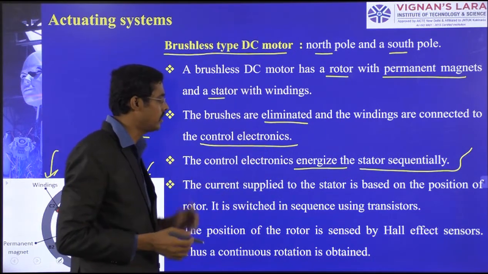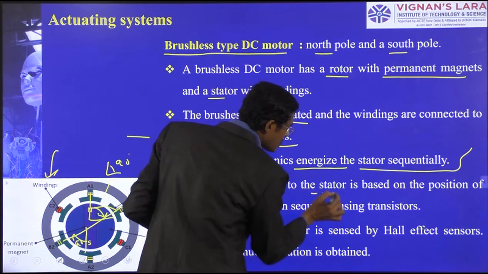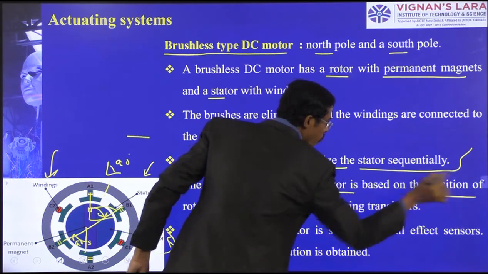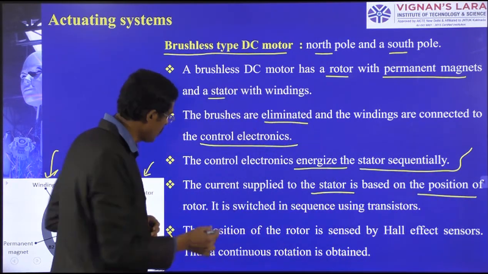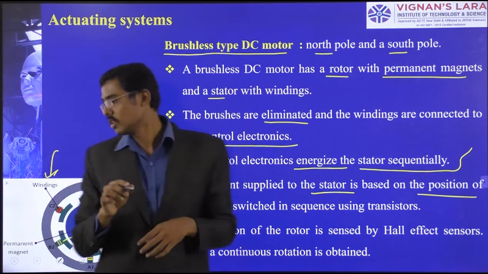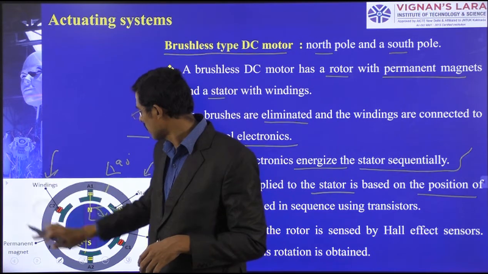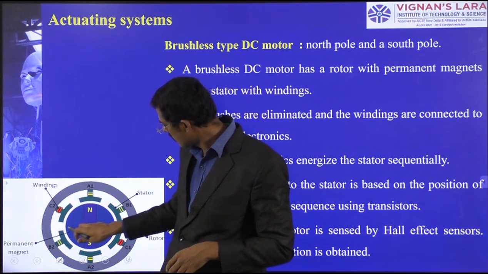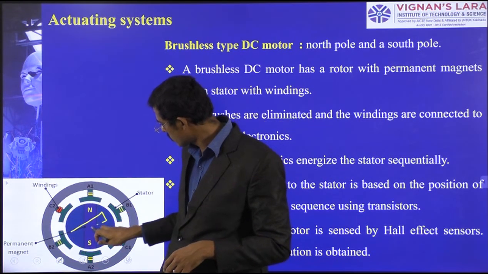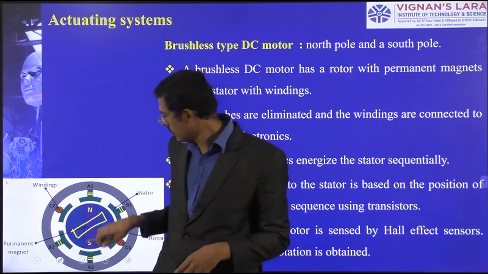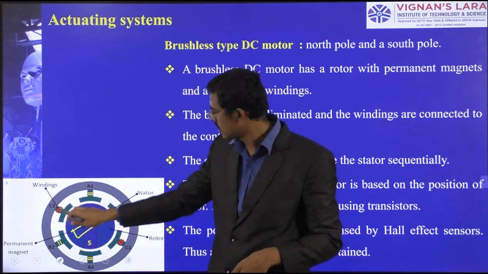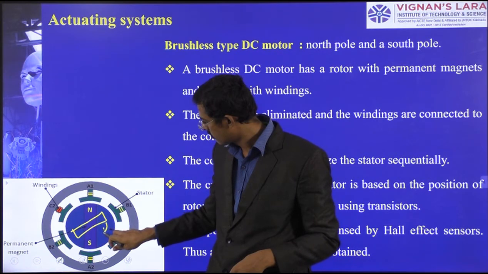The current supplied to the stator is based on the position of the rotor, where we need it. In case the position of the rotor is here, let us consider it is in this position. Then I want to energize this C1 and C2 in such a way that it comes here.